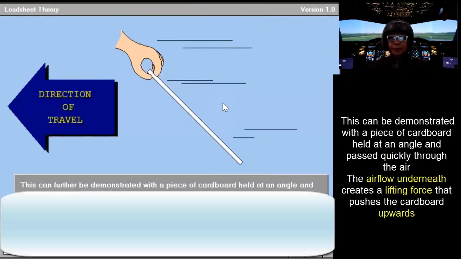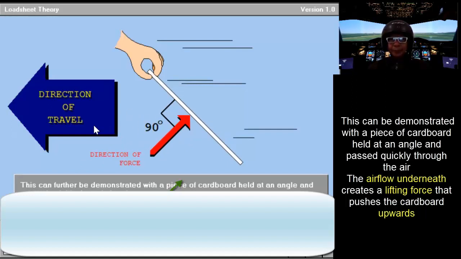Okay, this can further be demonstrated with a piece of cardboard. Cardboard held at an angle and passed quickly through the air. The airflow underneath creates a lifting force that pushes the cardboard upwards.